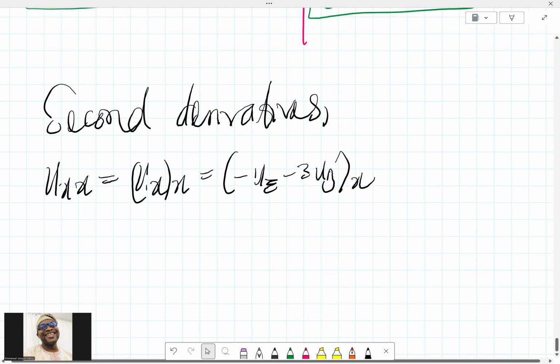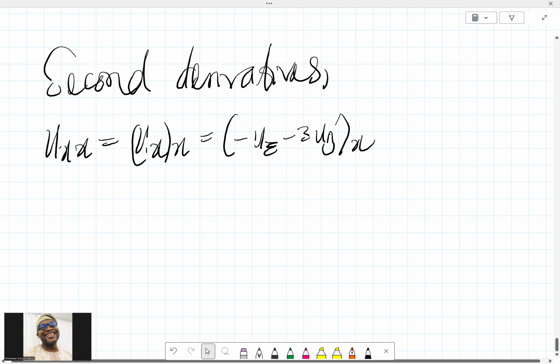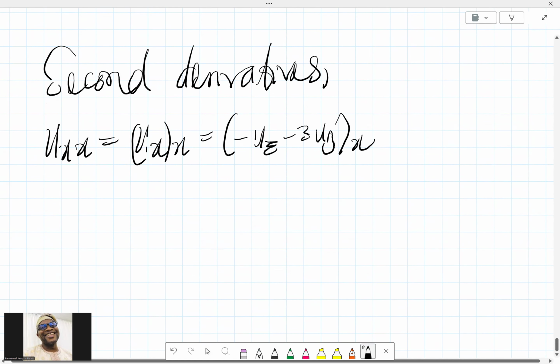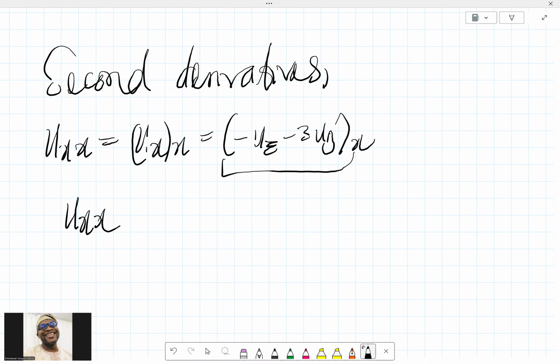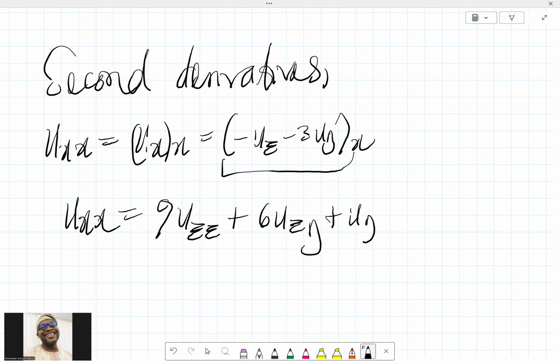I'll jump to the end now. It's a complicated process from here because we are going to use the chain rule. Here we have 9u psi psi plus 6u psi eta plus u eta eta.